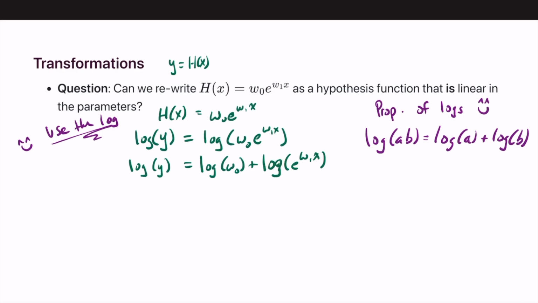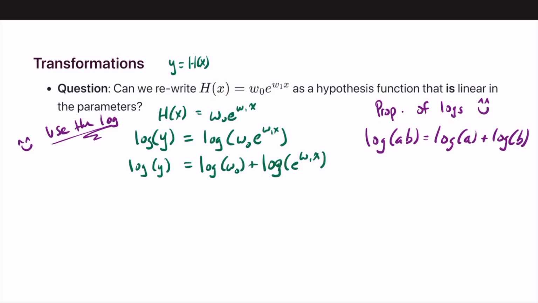We have this log function, and we really want to be able to think about what exponent can I put on e so that the output is just e to the w sub 1 x.